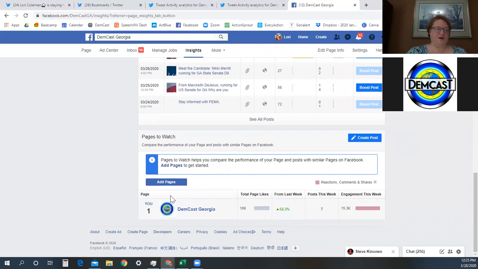If you have competitors or other pages that you want to compare, you can add a page and see, maybe another candidate has a Facebook page and you want to see how you're doing stacked up to them.